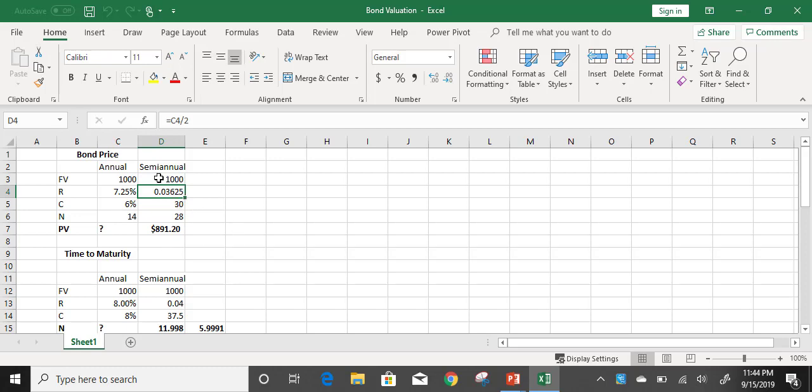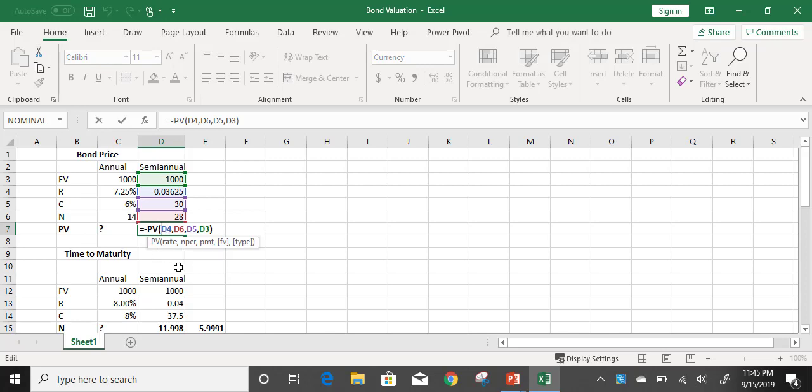Now once we have those values, let's see the coupon payment. What I've done is divide the interest rate by 2 and multiply by the face value to find the coupon payment from the coupon interest rate. To get the present value, we will use the present value function, where the rate is situated in cell D4.